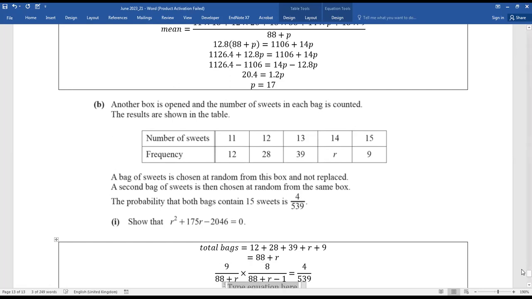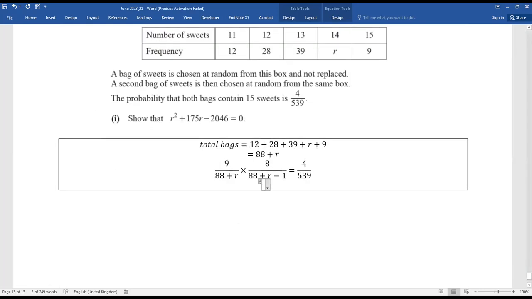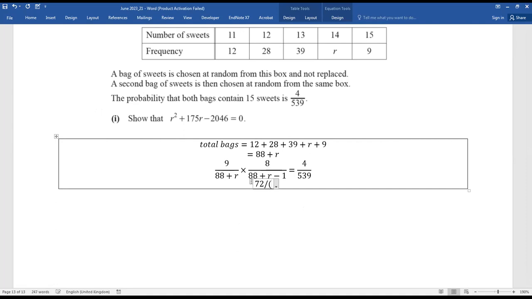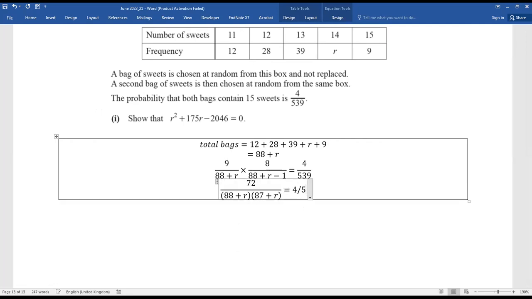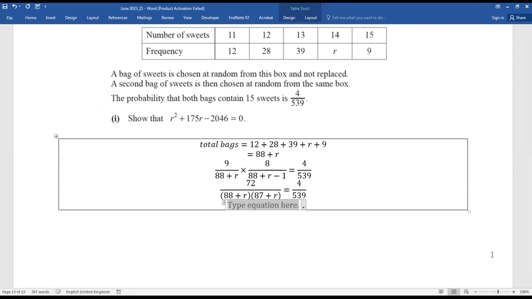So let's multiply 72 upon 88 plus R will multiply by 87 plus R, and that will be 4 over 539. Let's just cross multiply: 72 times 539 equals 4 bracket 88 plus R into 87 plus R.